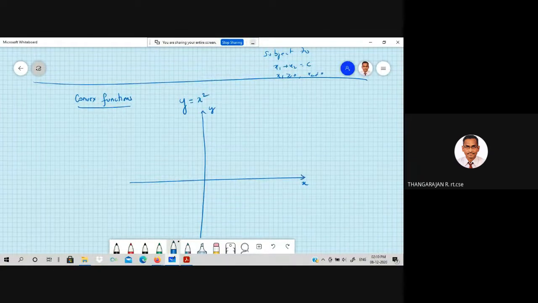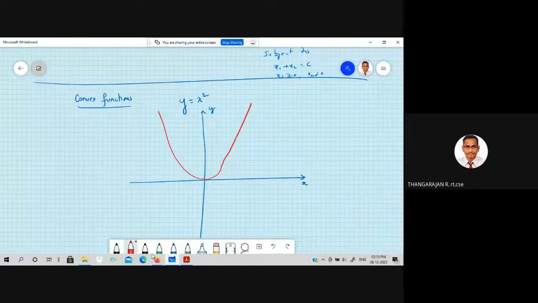I say y equal to x square means as x increases, so y is equal to x square. So it is a curve like this. If x decreases, if x is negative, even then y is positive because if x is negative, then also it is positive because we take the square. So then in that case, it's like this.